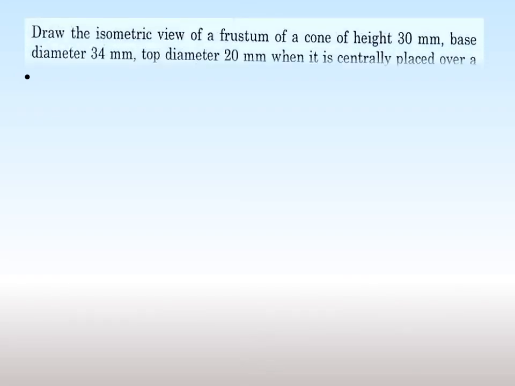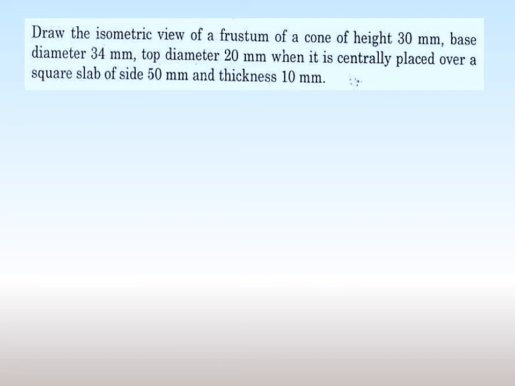Now I am going to give some tips to solve problems in isometric projection. In examinations, two different types of problems may come. The first type is shown here. This problem is taken from the textbook. Draw the isometric view of a frustum of a cone of height 30 mm. Forget about the dimensions.